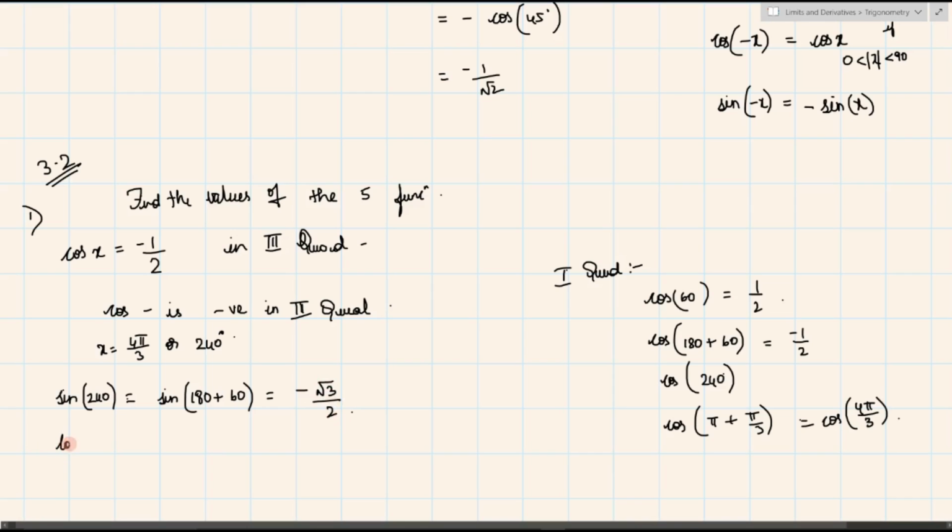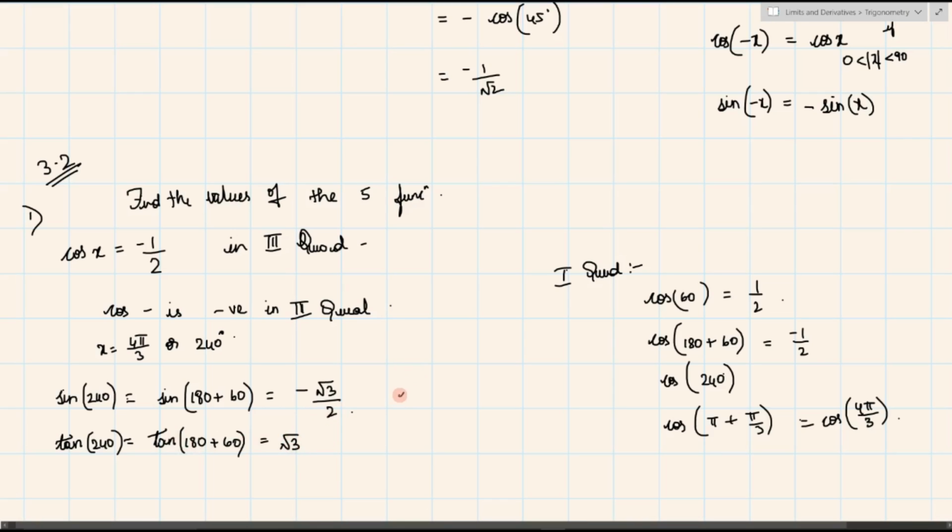And we'll have tan 240 degree, that is nothing but tan of 180 plus 60. By ASTC, in the third quadrant tan is positive, so tan 60 is root 3, plus root 3.